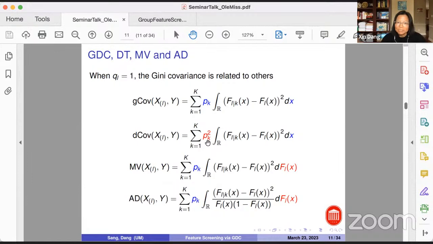For example, if your p_k equals 0.1, the contribution of this class will be reduced to 1%, 0.01. So that's the problem of distance covariance when dealing with the unbalanced case. We will see simulations later. So you will see the similarities and differences of those approaches.